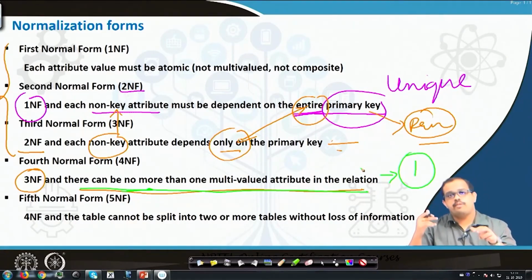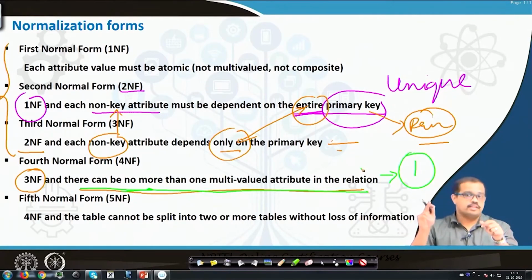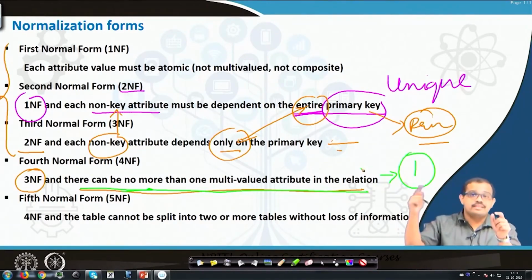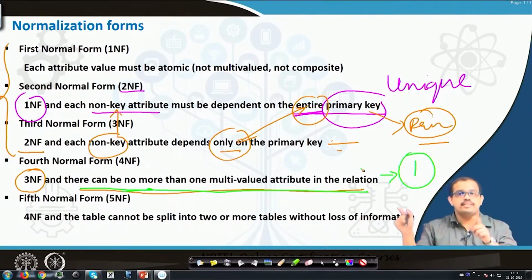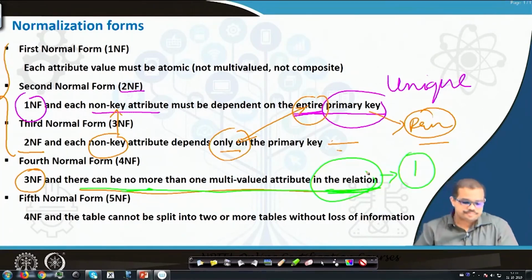In the third normal form, we use second normal form and a non-key attribute that is dependent only on the primary key. But when it is fourth normal form, we have third normal form, and there can be certain attribute values which are multi-valued in terms of its relation. So, it is only in terms of its relation. Please understand this point. Multi-valued in terms of its relation.